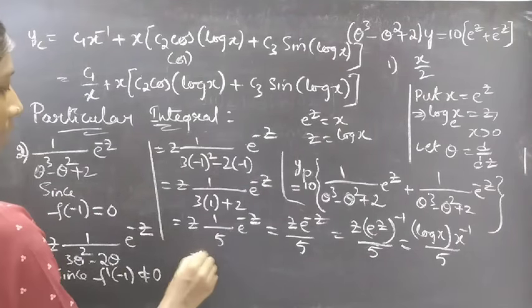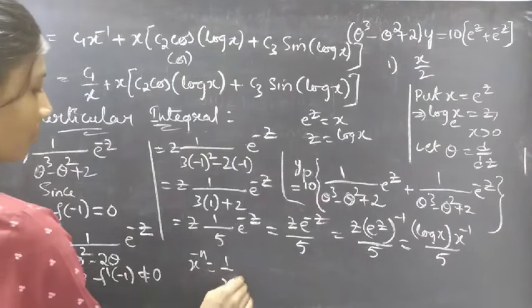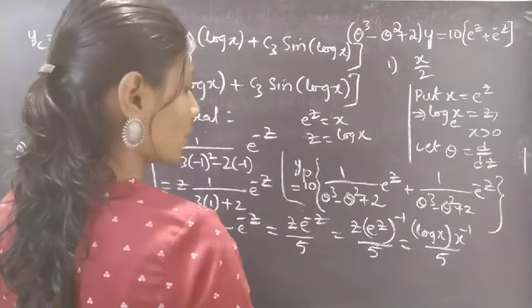We know that x power minus n equals to 1 by x power n. Then we can write x inverse as 1 by x.